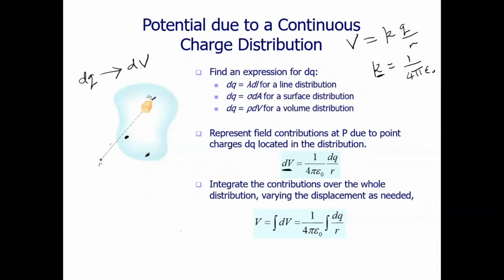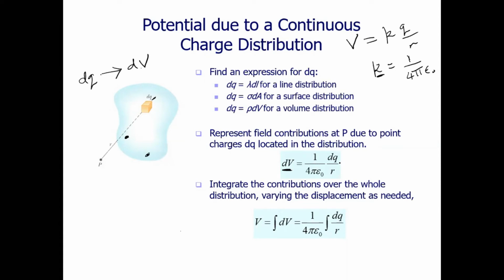So if you want to find the electric potential at a certain point P, due to this entire charge distribution, first of all, you find the electric potential due to a very small, infinitesimal element that is called dq. According to what we have learned so far, that will just be given by 1/4 pi epsilon naught dq over r.